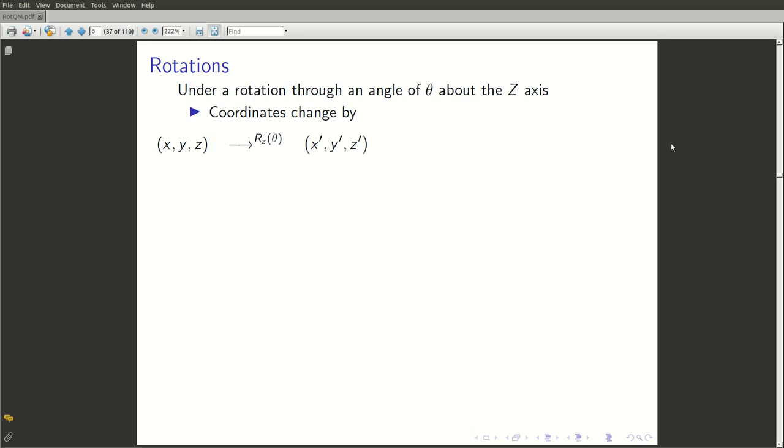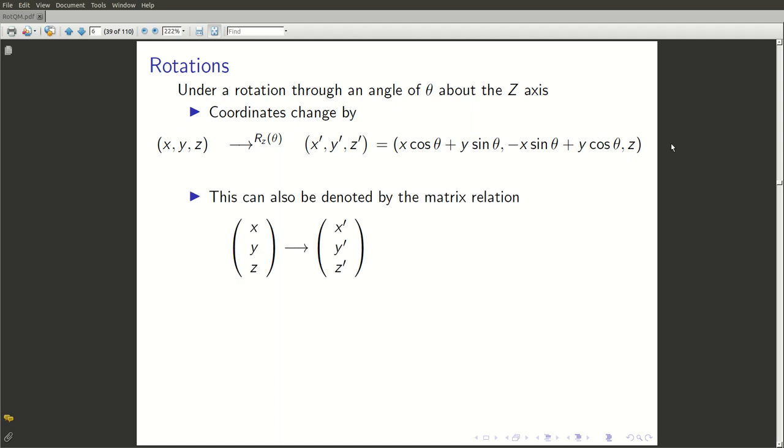Coordinates change by a transformation which I am denoting by R_z of theta. x, y, z under this transformation goes to new coordinates x', y', z', and you are all familiar from maybe your +2 days that this is given by x cos theta plus y sin theta, that's the value of x', minus x sin theta plus y cos theta, that's the value of y', and z of course does not change, so z' stays z.